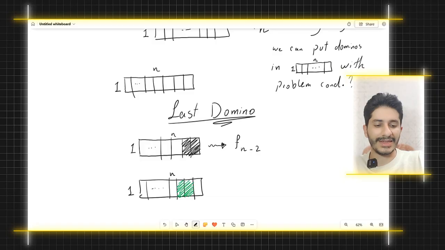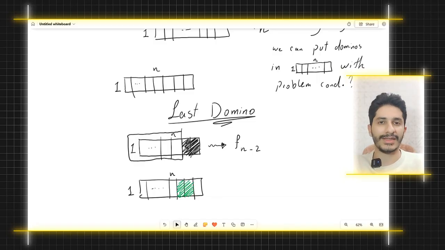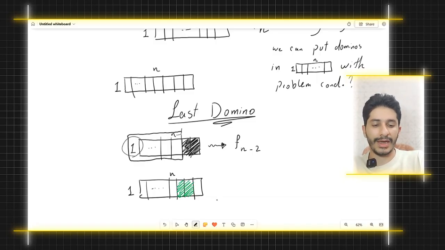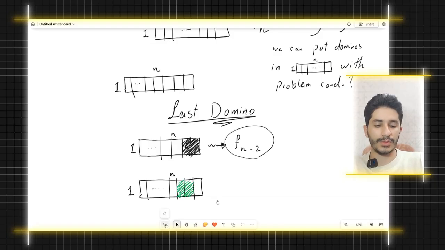Because if you put the last domino here, we have the exact same problem, but instead of a 1 by n tape, we have a 1 by n minus 2 tape, because these 2 cells are already occupied. So the answer to f of n minus 2 is exactly the number of ways we can put dominoes here. This is the recursive step.